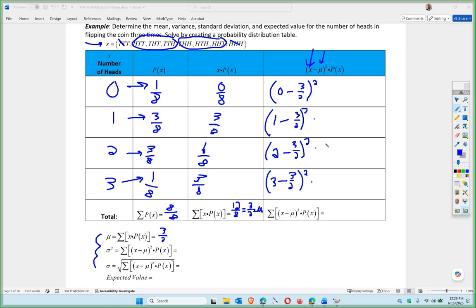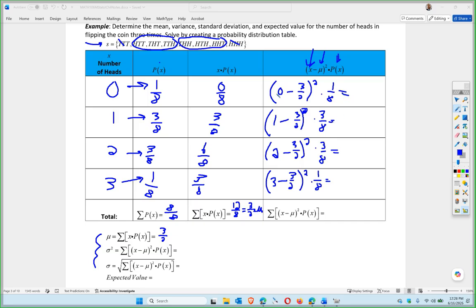Okay, the next thing we need to do is the probability. The probabilities are right here: 1/8, 3/8, 3/8, and 1/8. Okay, I'm going to do some basic fractional math now.